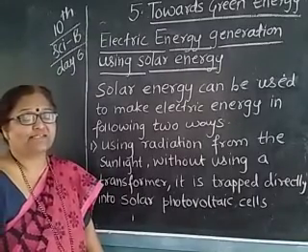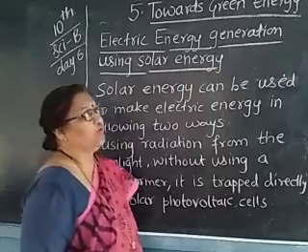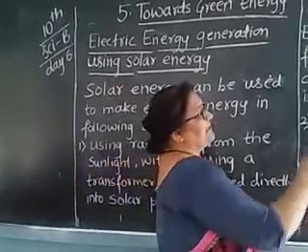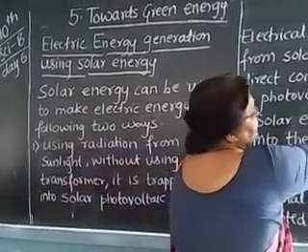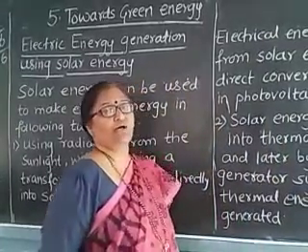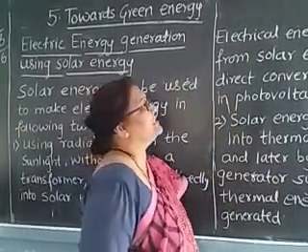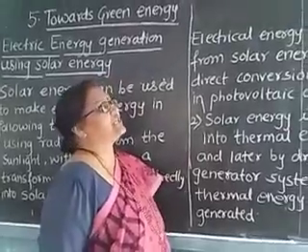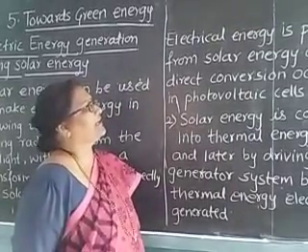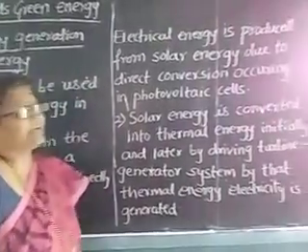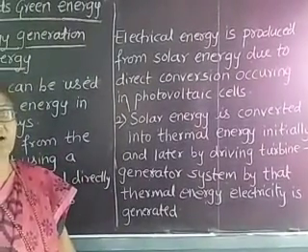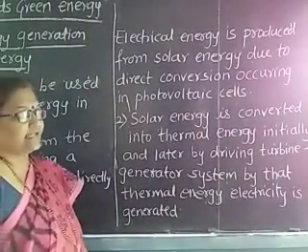You can trap the sunlight directly in a solar photovoltaic cell. Electrical energy is produced from solar energy due to direct conversion occurring in the photovoltaic cell.